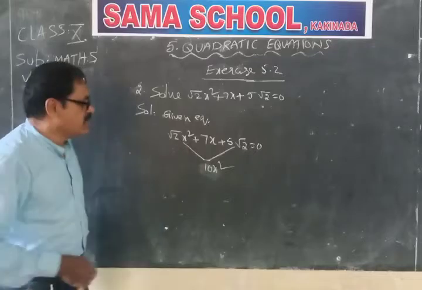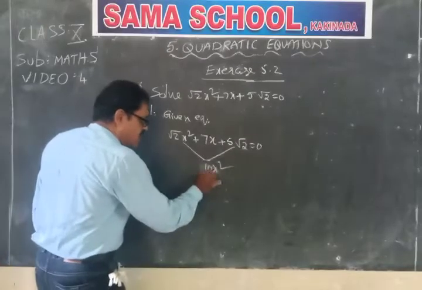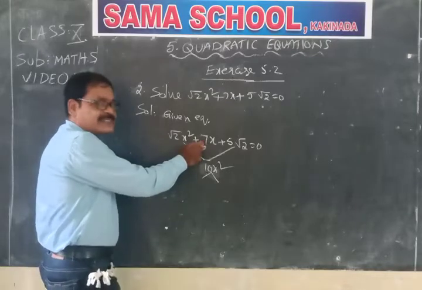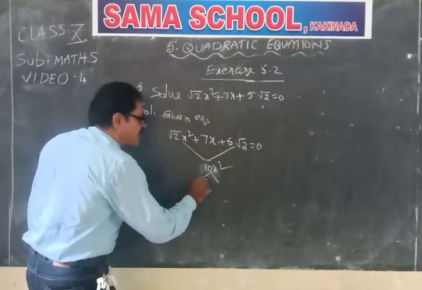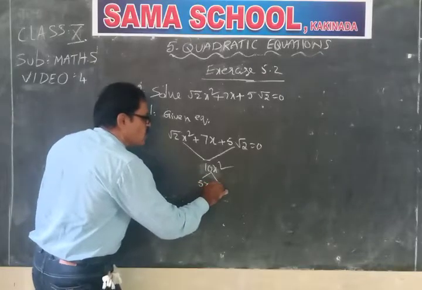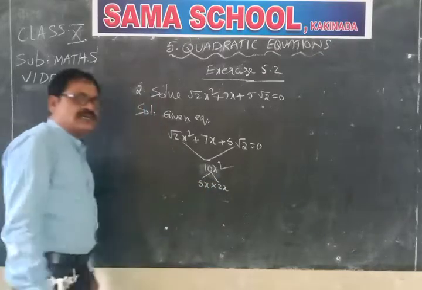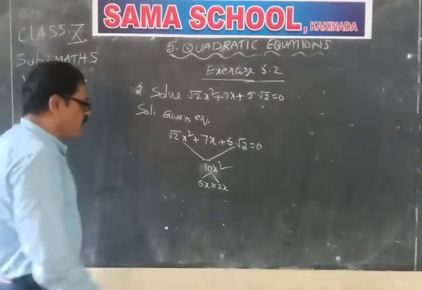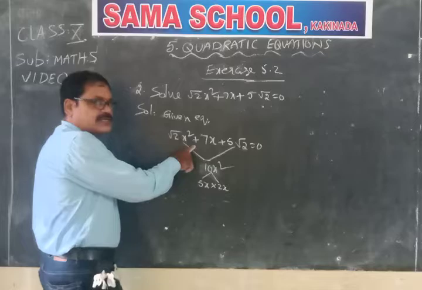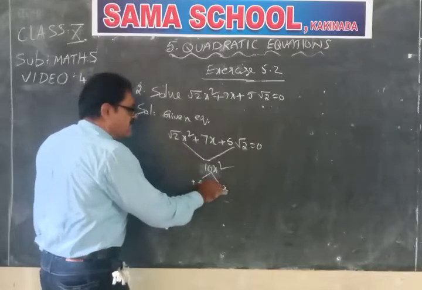This can be split into two terms so that the sum becomes plus 7x. That's why this 10x square can be written as 5x into 2x. 5 twos are 10x square. We want plus 7x, so both will be plus symbols.